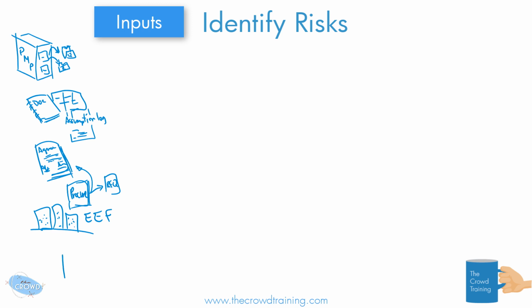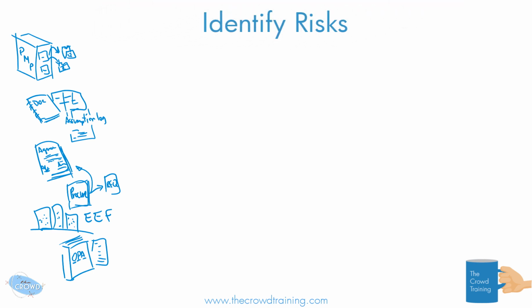And also, where do we store those risks? How do we store them? When we get to the output, we're going to have a risk register, so maybe there's templates for this that we have to follow or we should follow, depending on the organization. So those are organizational process assets. Okay, those are the inputs for identifying risks.